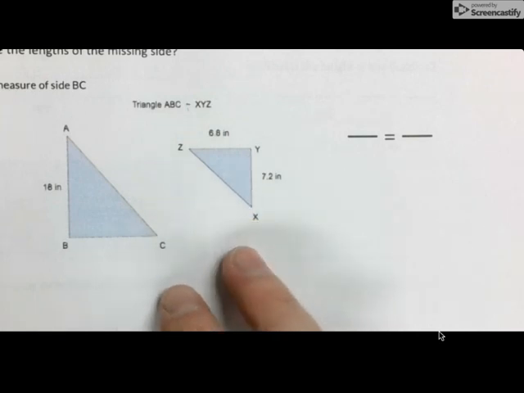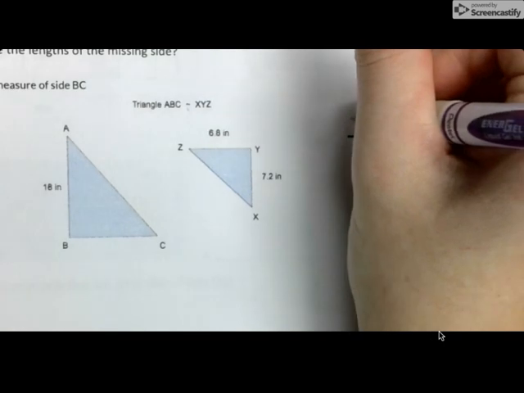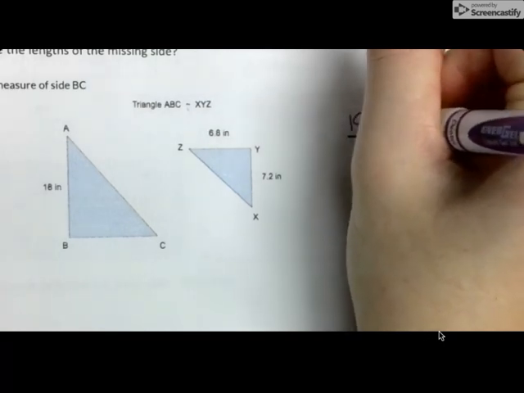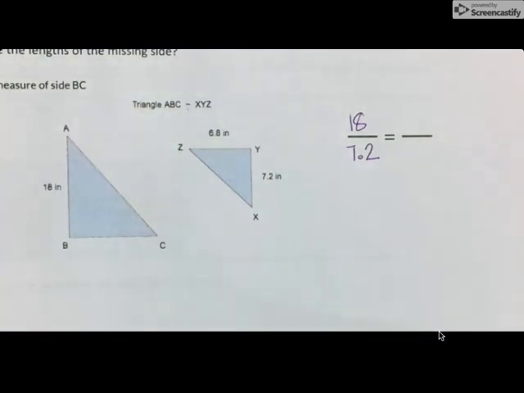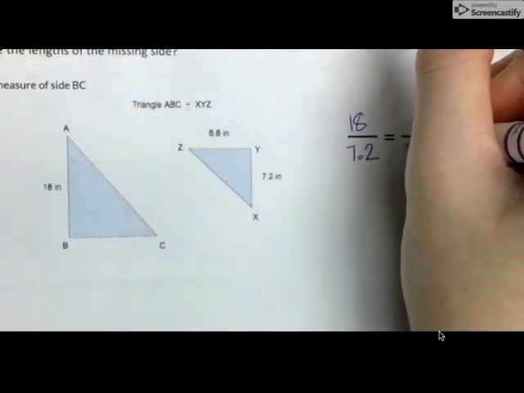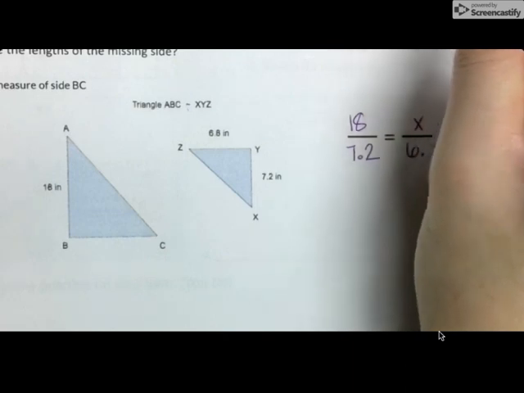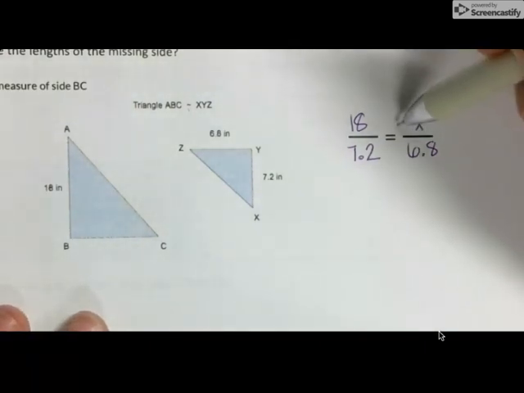These don't look the same, right? Kind of makes it harder. But if I rotate this triangle, I would have 18 and 7.2 are the same side, meaning that BC, which is what I don't know, and ZY are the similar sides.